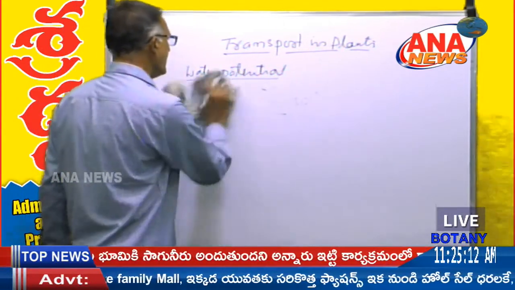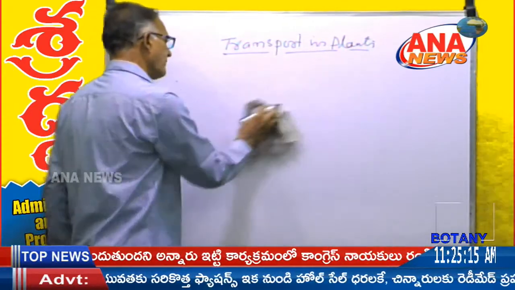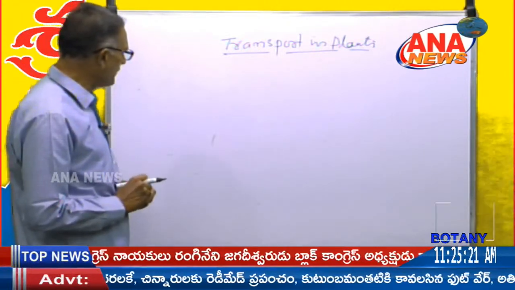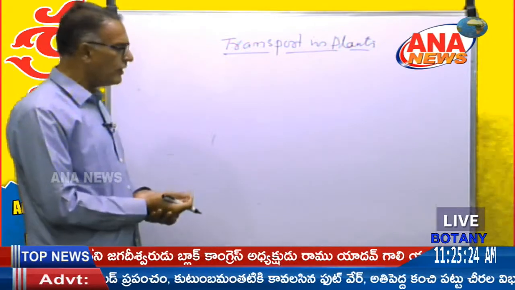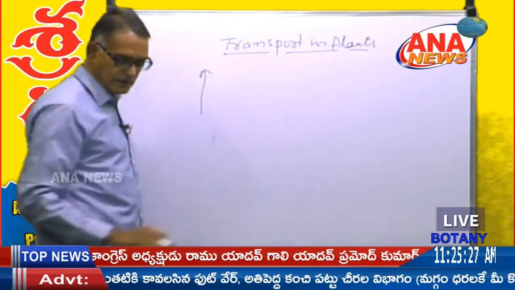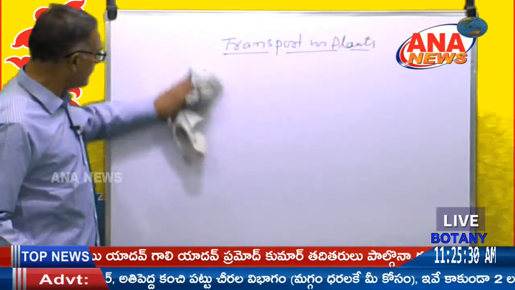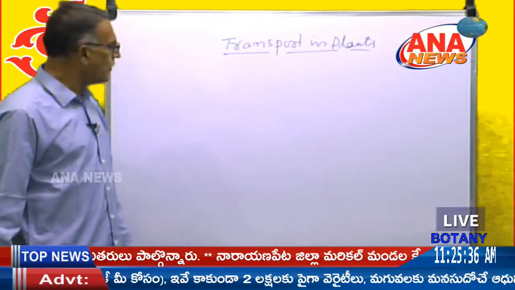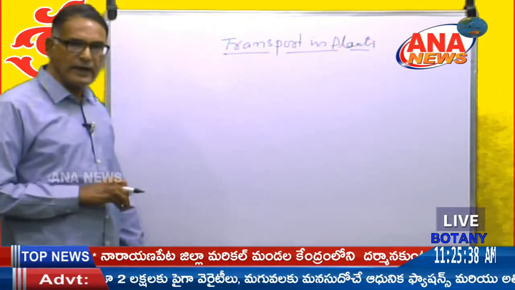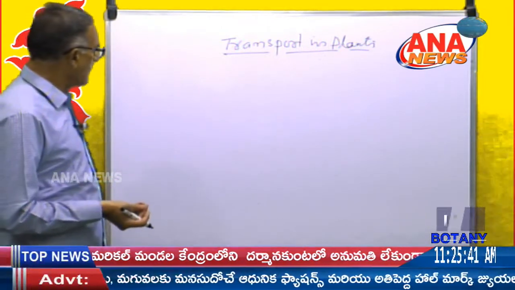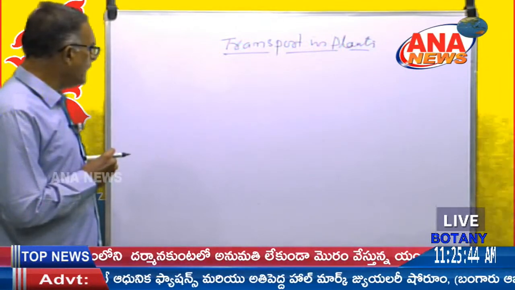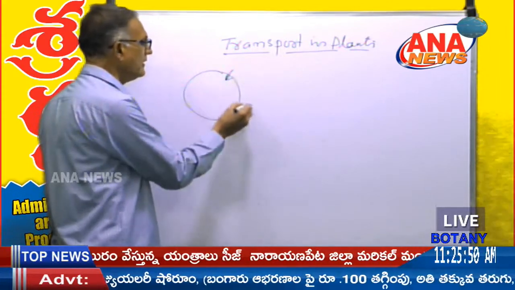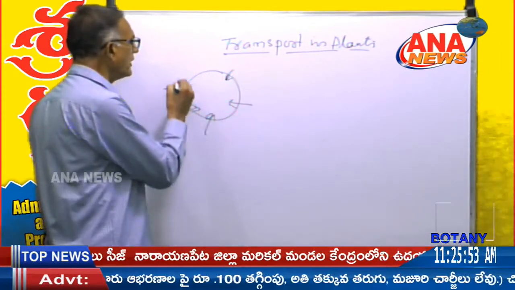The next term we discussed is pressure potential. At constant temperature, if we increase the pressure on either pure water or a solution, the water potential increases. This is an important point to remember. In a plant cell, when water enters the cell, it creates pressure in the protoplasm.